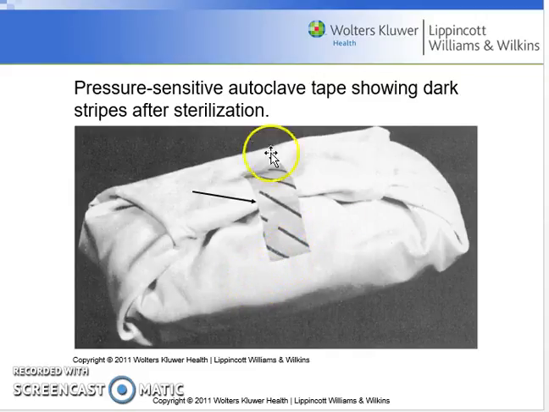When you pull your product out of the autoclave system, if all of these bands are black, then that means that your autoclave system is working. If these bands aren't black, then you've got a problem, and your microorganisms are probably still living inside of whatever you were autoclaving. So that's one way to tell if the autoclave is working properly.